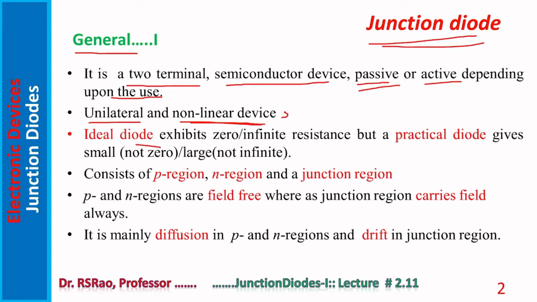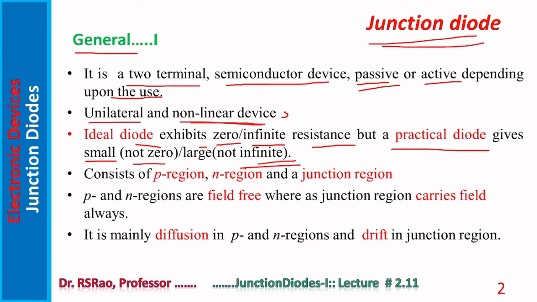Ideal diode exhibits zero or infinite resistance, but in practical diodes, it is small, not zero, or large, not infinite. The point is ideal diode versus practical diode. Ideal diode is one which is a short circuit in one direction and open circuit in the other direction, the direction being the direction of current flow.